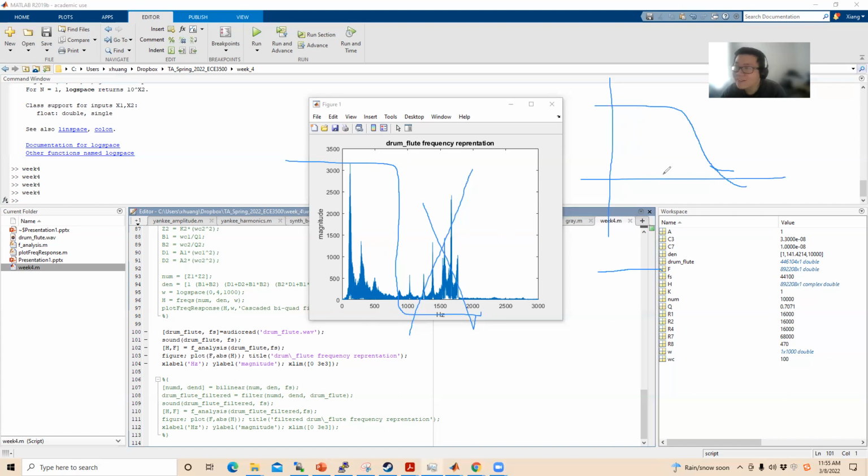Ideally, we want a straight cut here, but we can't do that. So if we define here as our cutoff frequency, the corresponding level is minus 3 dB, where 0 is here. This is the cutoff.